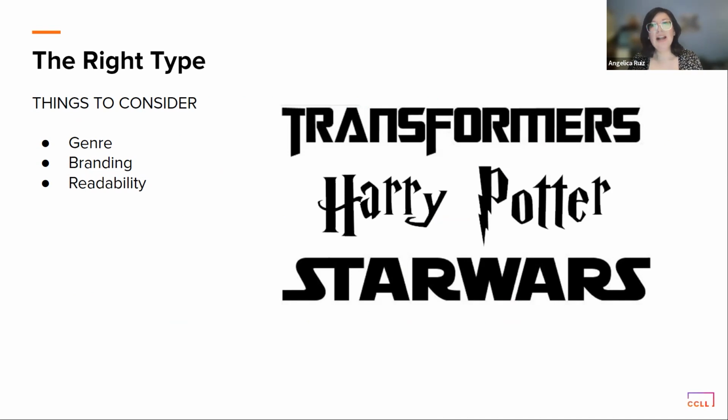So when you're looking at the kind of text that you're going to put onto the poster, and the kind of typography, those are the fonts, basically the styles of the letters, you have to consider that this could be a style that's going to be used for the branding. And what I mean by branding is the merchandise that might be associated with the movie.